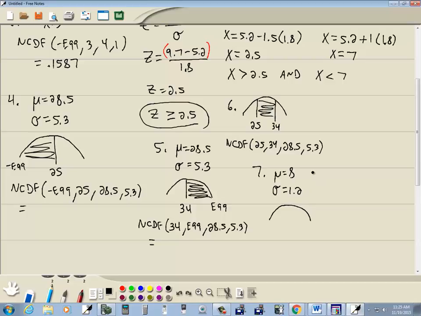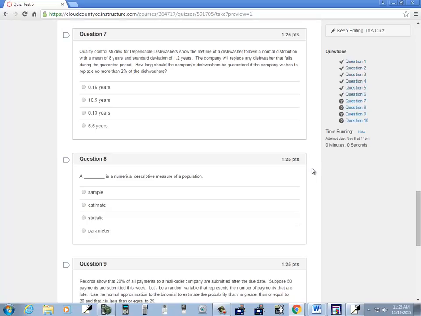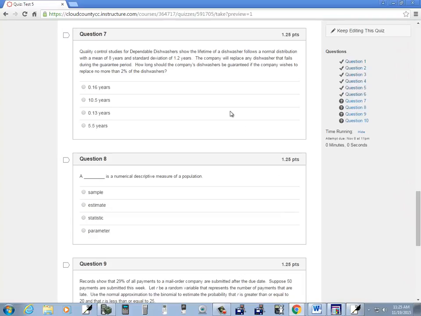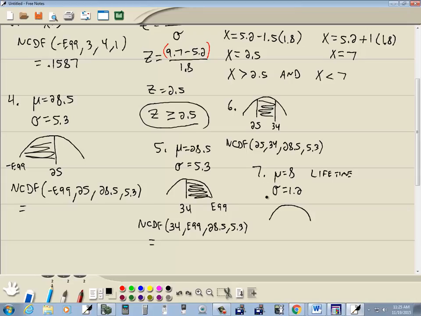This is based upon a mean of 8, how long it lasts. So this is the lifetime. And when they say they want to replace no more than 2%, they're telling us the 0.02 is going to be over here. So this will give us the value where 2% of them will fail.